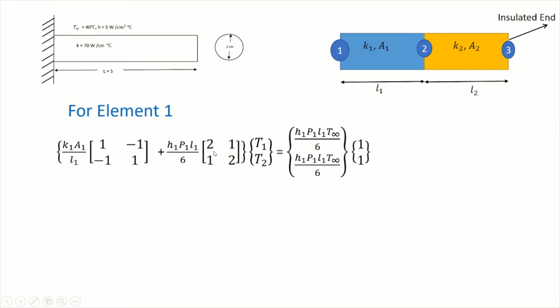Now as I told, force is equal to K into T. Now this K1, A1, L1 is universal for all matrices. You do dynamic analysis, static analysis, structural analysis, this is there. But an extra part is added depending upon the condition of the system. So why have we added this? Now see, the system is going to lose heat. So this is the inherent conduction part of the system.